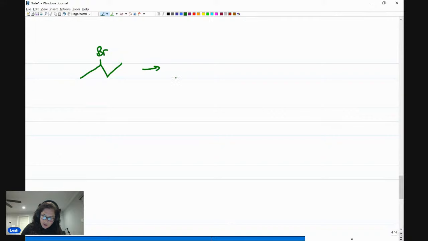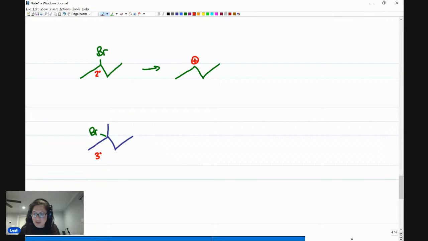And we know that a carbocation at the secondary position can form, and we can call it stable enough. But if I have a starting molecule that looks like this, which is very similar, except now bromine is sitting at a tertiary position, would you expect this to be faster or slower than the bromine sitting at the secondary position?